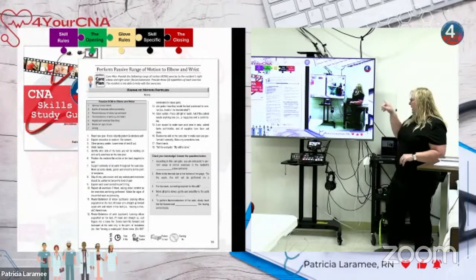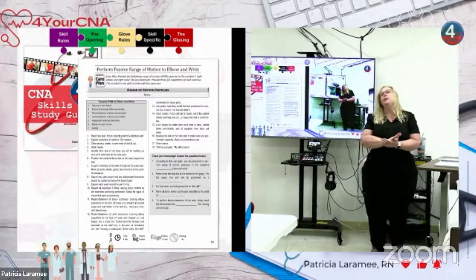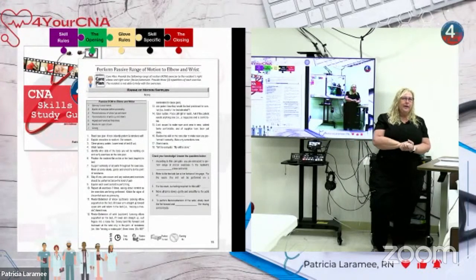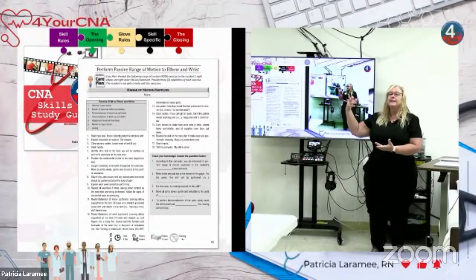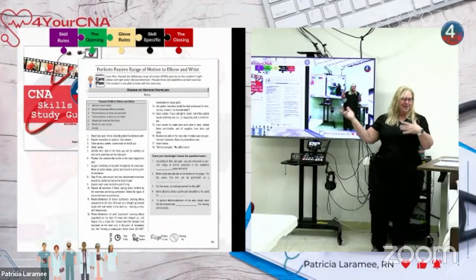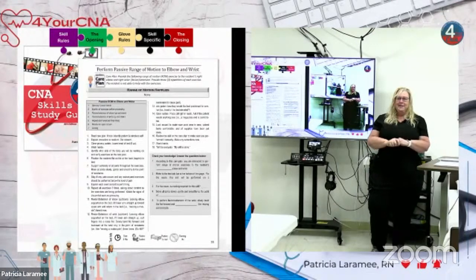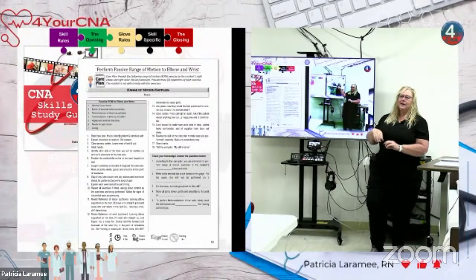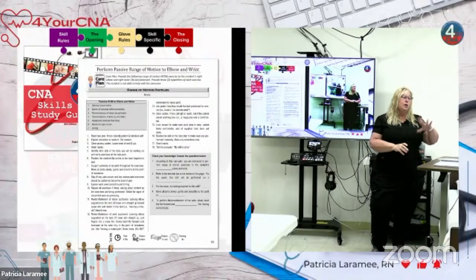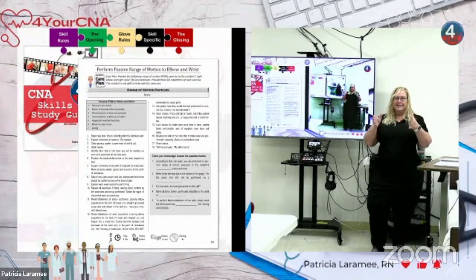So there was a comment on my Facebook page last week that said on range of motion, this skill is not valid because she did not demonstrate abduction, adduction, and rotation. They missed the whole point that we follow the care plan. We may know how to do other things, but they don't qualify on this patient.